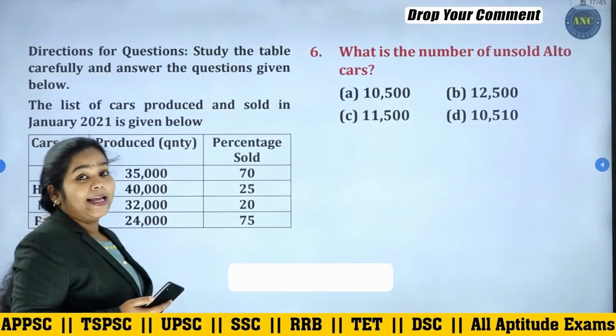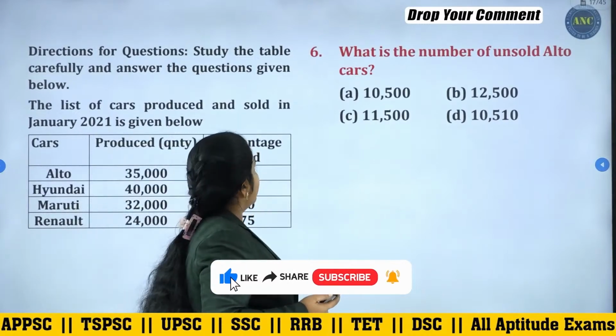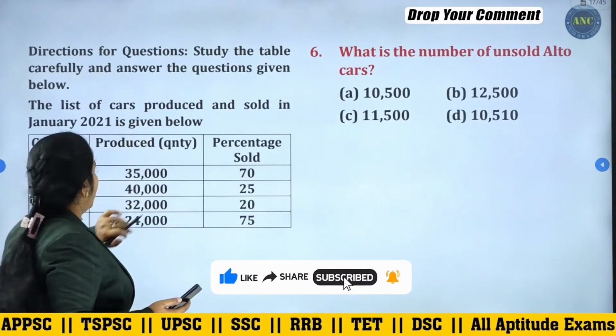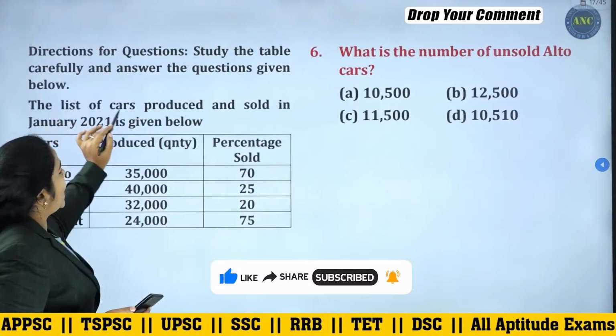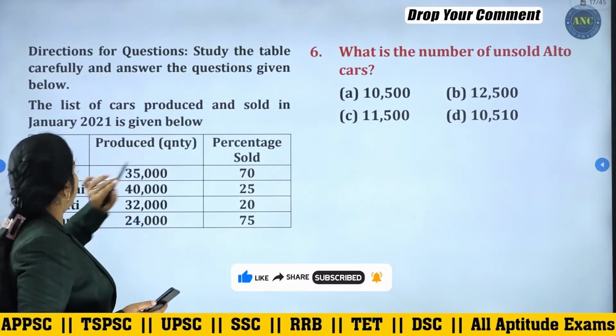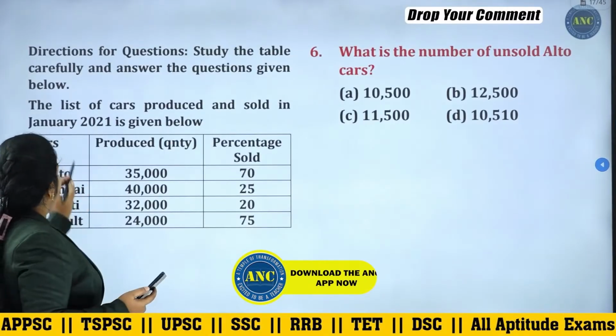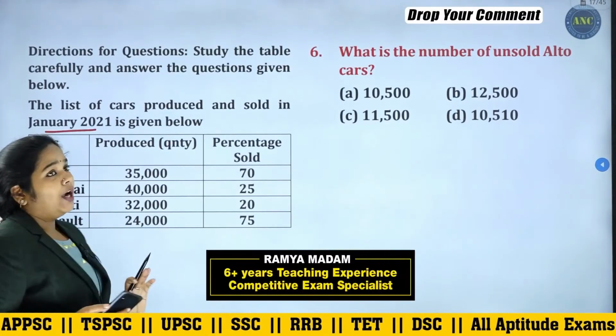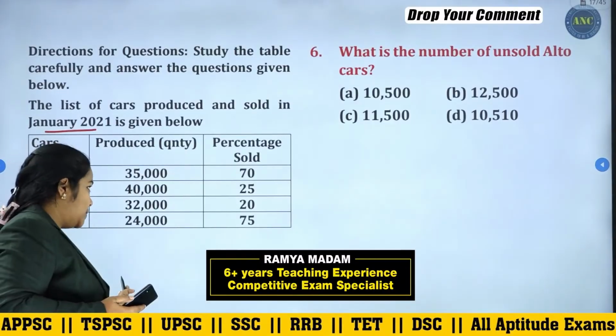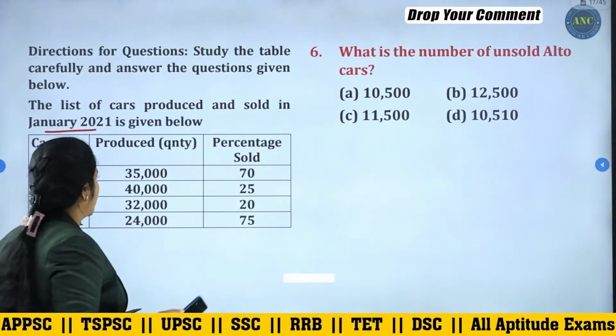Right, so we are going for the next question. Here, in the next question, we'll first read the table. The list of cars produced and sold in January 2021 is given. In January 2021, what are the cars which are produced and the percentage sold?